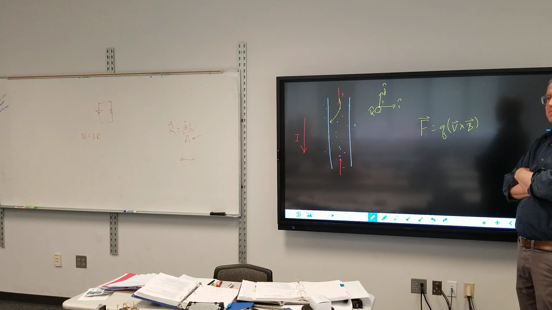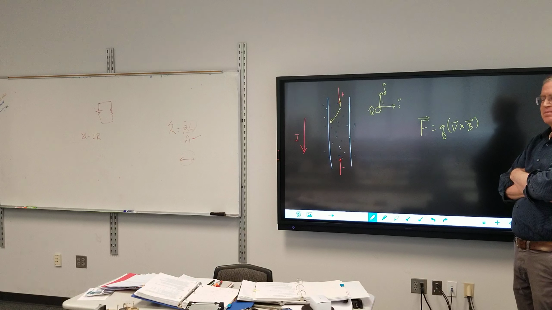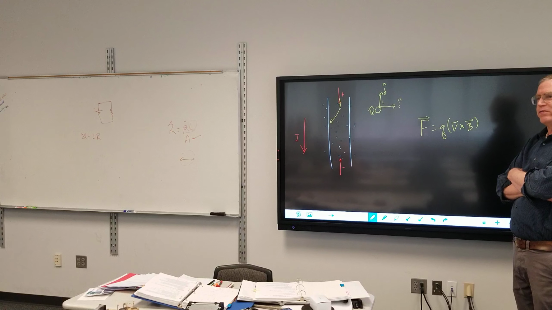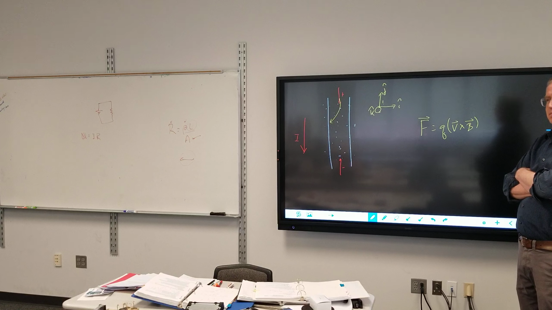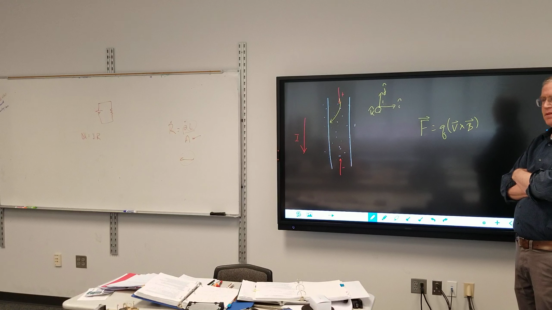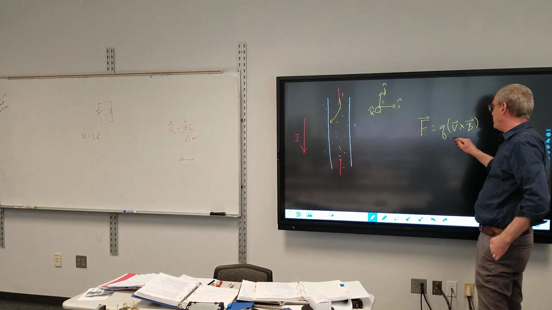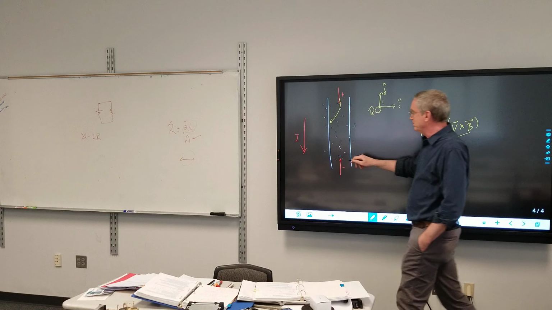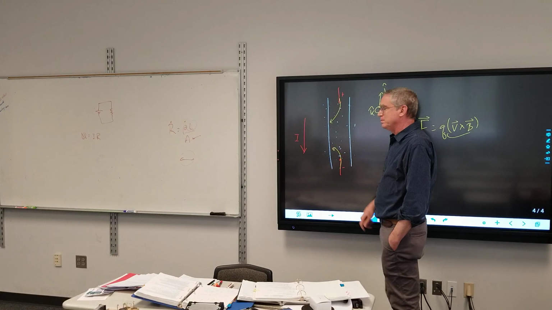V cross B, the other way now. Instead of that, it's that. Okay, what'd you forget? Oh, the charge. Yeah, the charge is negative. So V cross B would indeed be to the right. However, the charge is negative, so it would be forced over here.